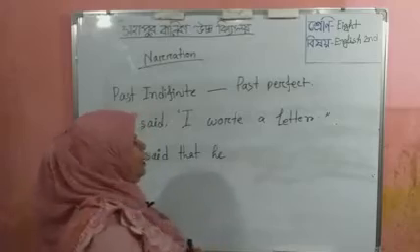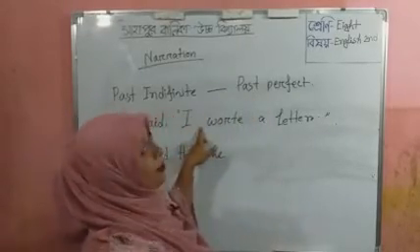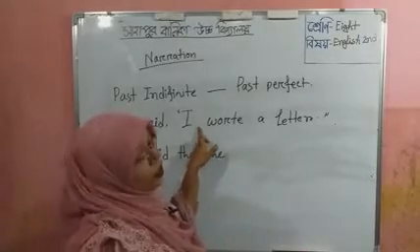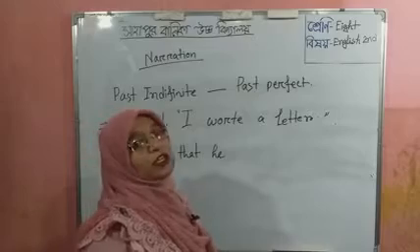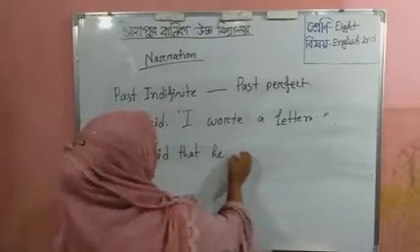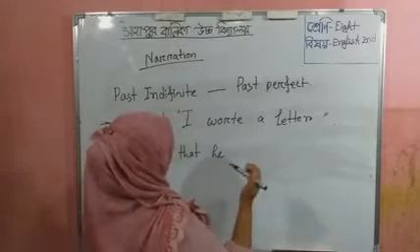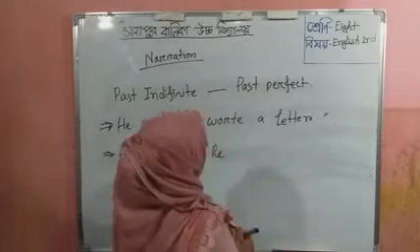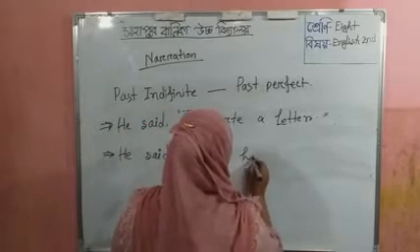Now the main thing here, there is no auxiliary verb, but according to the rule of tense, now we are getting an auxiliary verb. So what is the auxiliary verb of past perfect? That is had.